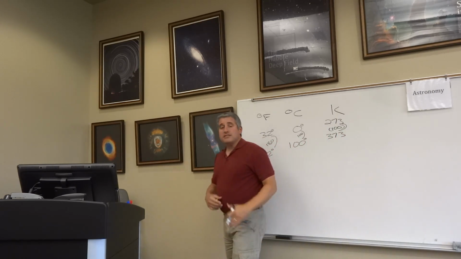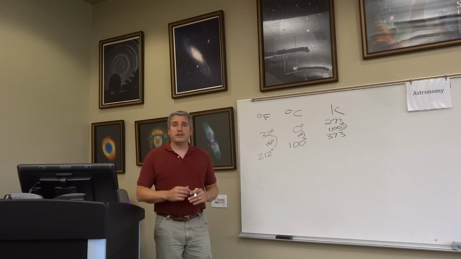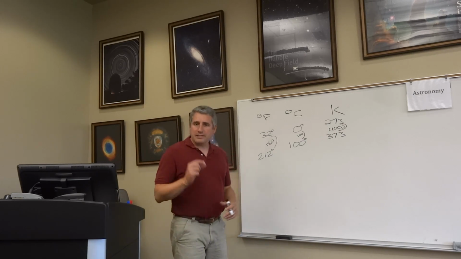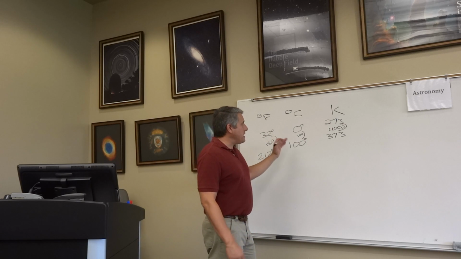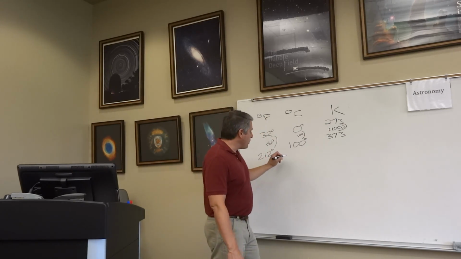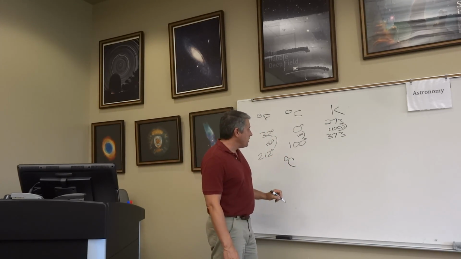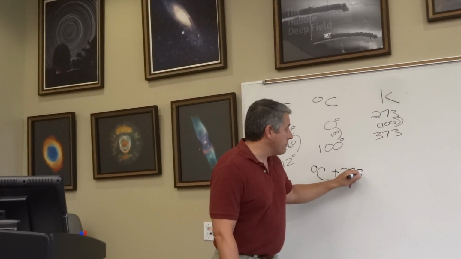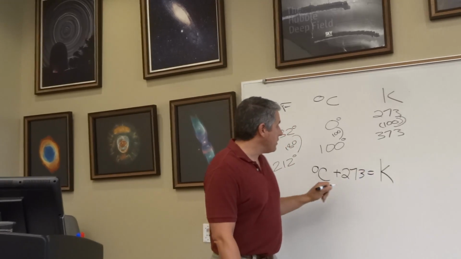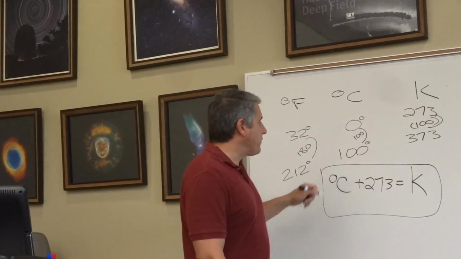Telling us that a degree Celsius and a Kelvin are in fact the same unit of temperature difference. The big difference being that they are offset from each other. So if we wanted to convert degrees Celsius to Kelvin, all we would do is add 273, and we come up with Kelvin. So that's the formula if you're thinking about that.